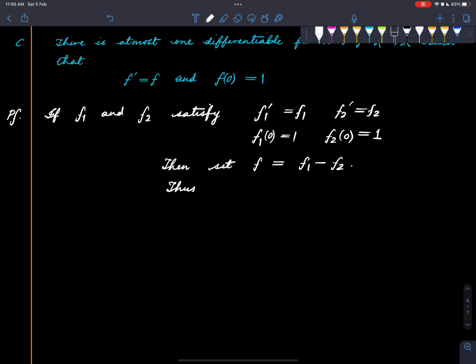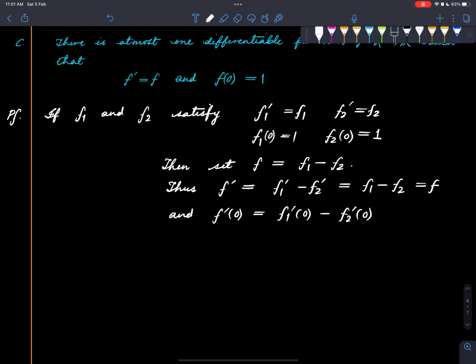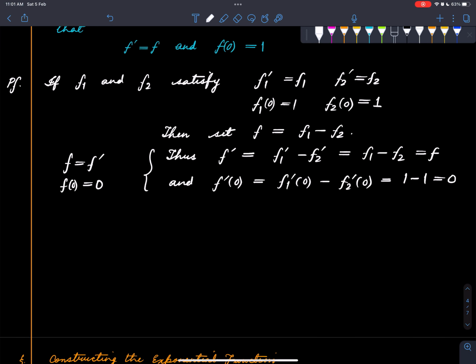Thus f prime equals f1 prime minus f2 prime, which is f1 minus f2, which is f. So f prime equals f, and f prime of 0 is f1 prime of 0 minus f2 prime of 0, equals 1 minus 1, which is 0. So f equals f prime and f(0) equals 0, which by the previous lemma implies that f is identically 0, which implies that f1 equals f2.